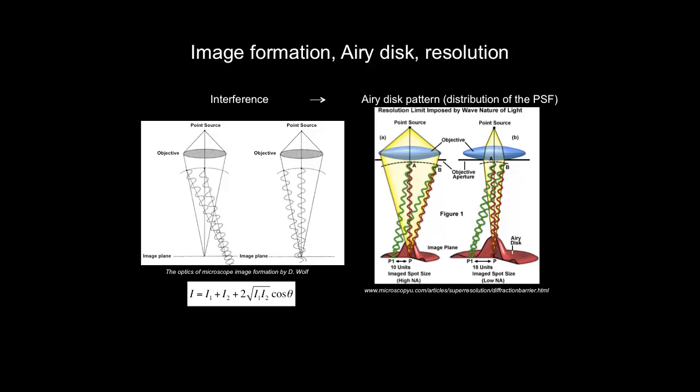It's called the diffraction pattern because the light is diffracted at the objective aperture before it interferes, and it represents the distribution of the point spread function.